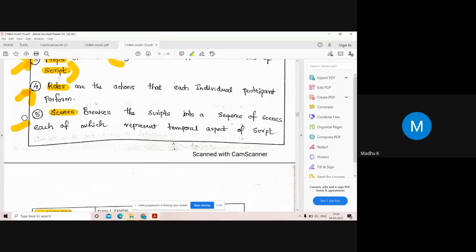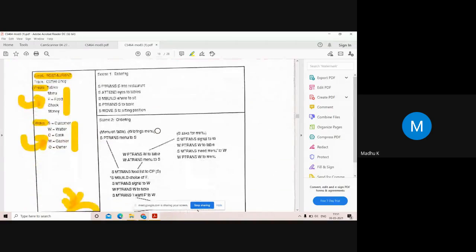Then the last component is scene. What is a scene? The script breaks into a sequence of scenes, each of which represents a temporal aspect of the script. You can check here, scene 1 is entering. After entering, he will execute some actions.